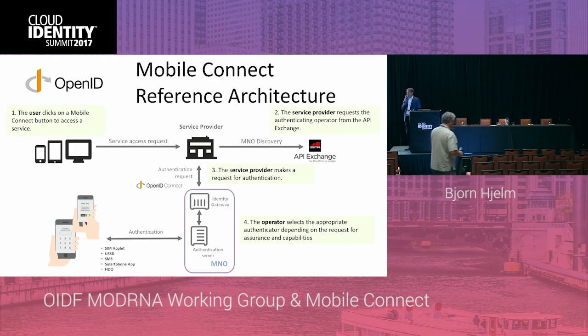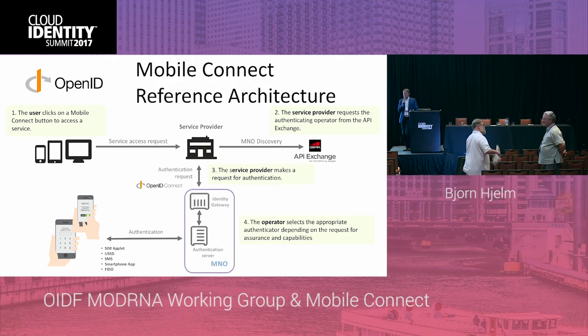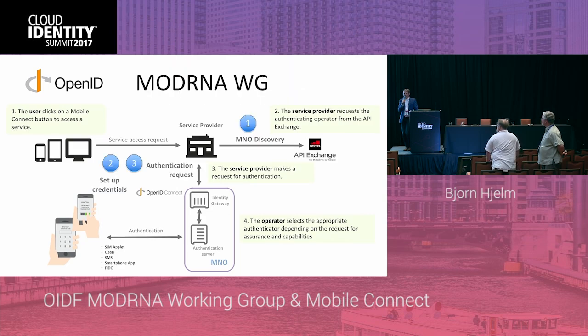As I mentioned, the Mobile Connect architecture has 2 components. It has the federation of the identity, and it has the authentication. The authentication part is where your radio interface comes into play, and it's independent of MODRNA what kind of authentication mechanism you choose.